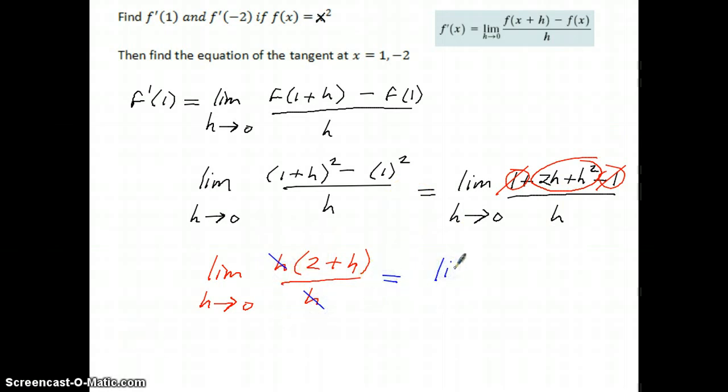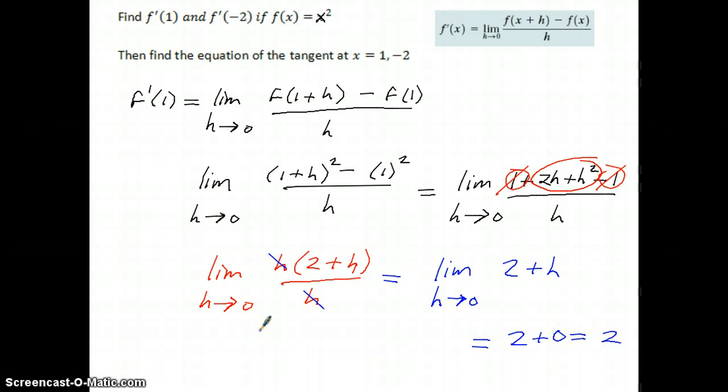What we're left with is the limit as h goes to 0 of 2 plus h. There's nothing we can do here to simplify except plug in h equals 0, and we see that the slope of our tangent line right at 1 is equal to 2.